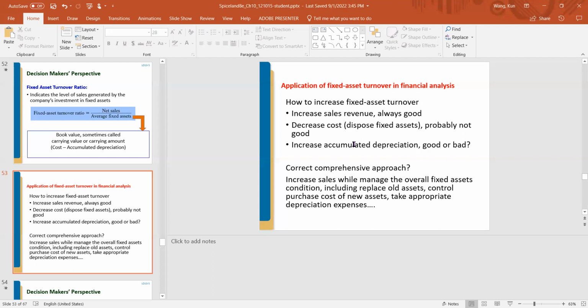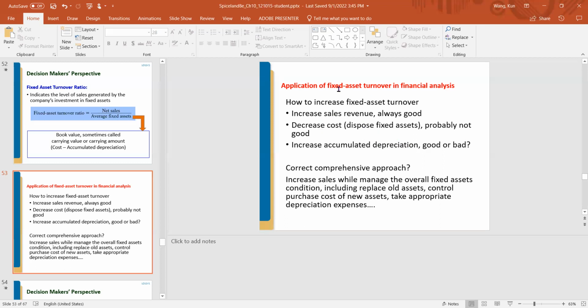But if you intentionally increase the accumulated depreciation, that may not be good management either, because you are trying to accelerate the depreciation, and it may not reflect your true financial condition, and it can cause additional problems. So whether it is good or bad, you need to analyze the actual situation. But don't do it intentionally to mislead your users. Manipulating the numbers is not a good sign.